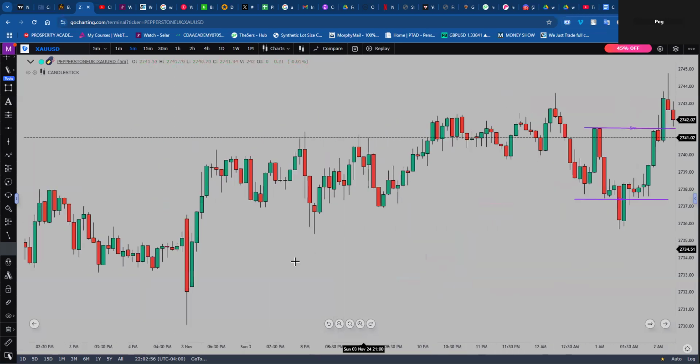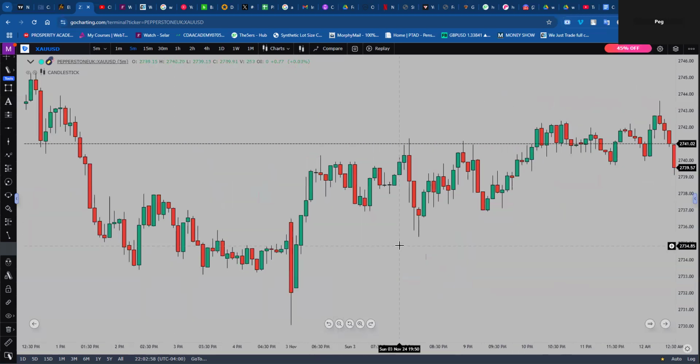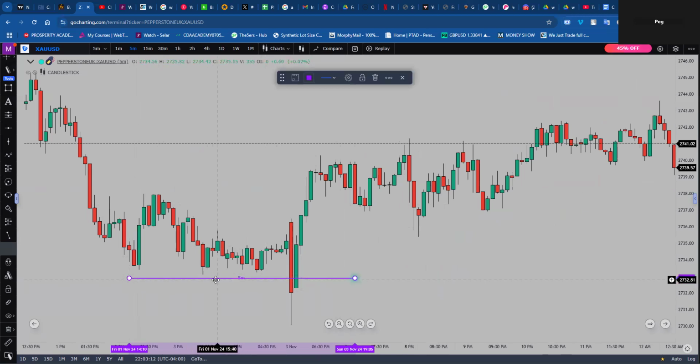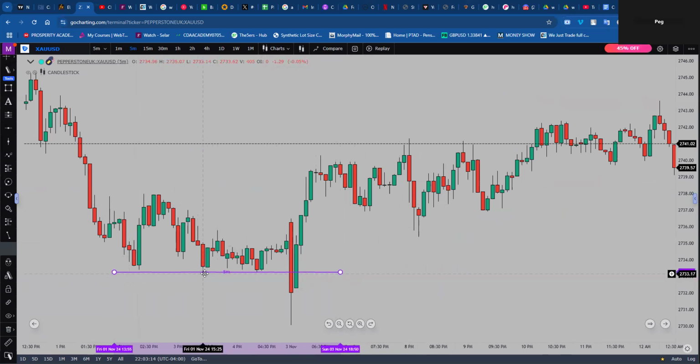So let's look for more. Okay, this is a beautiful one here. This is another beautiful one. I can see a sweep of this low. What kind of low is this? This is a support. See price touching this support zone. So this liquidity zone is a support zone.